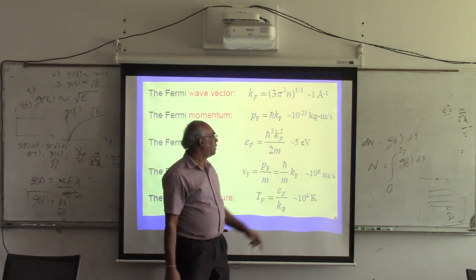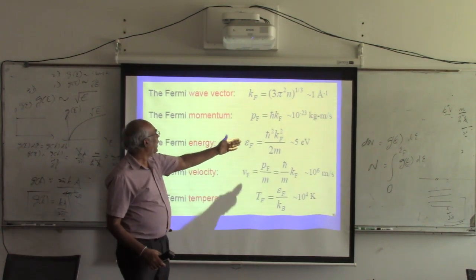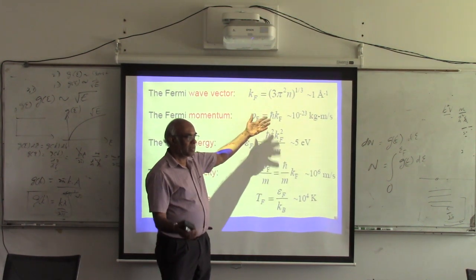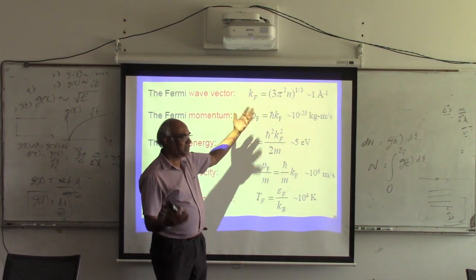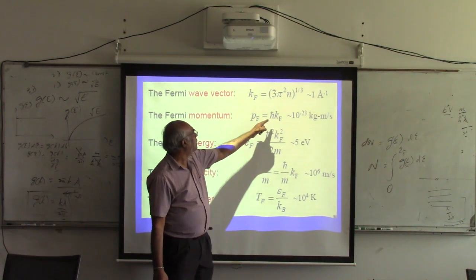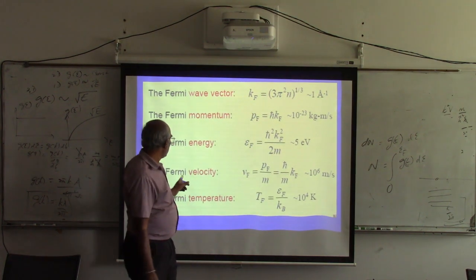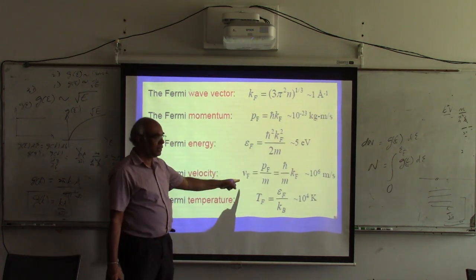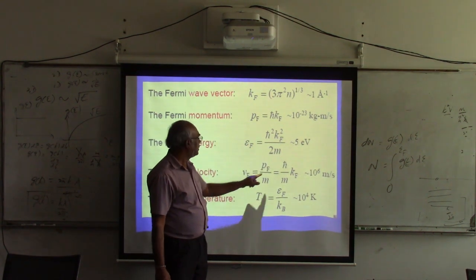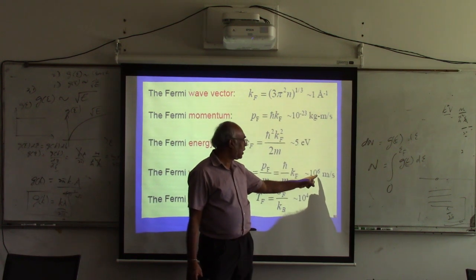These are large, so then we can define some other quantities like the Fermi momentum. If you know h-bar, you can consider a momentum in this de Broglie regime, right? If I know kF, I can get pF, h-bar kF. Or somebody can define the Fermi velocity. This is very important. Fermi velocity is defined as pF divided by m, right? If you take graphene, this value is much higher.